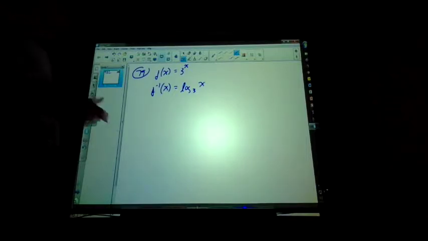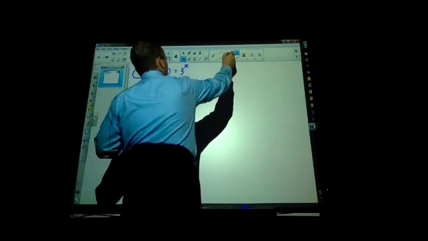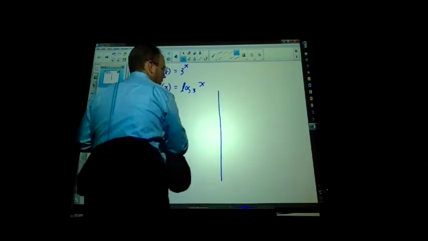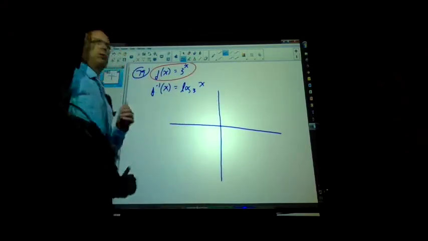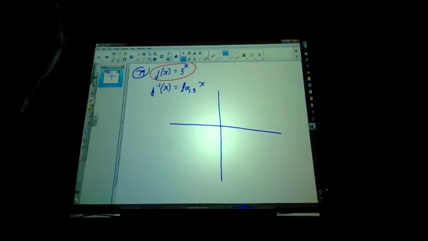So, if I were to graph this, can I plug negative values in? So negative values will work? Yeah, I mean, what's going to happen if I plug a negative value in? It becomes 1/3 raised to a power. So if I had -2, -1, 0, 1, 2, I could easily plug those values in and graph them.